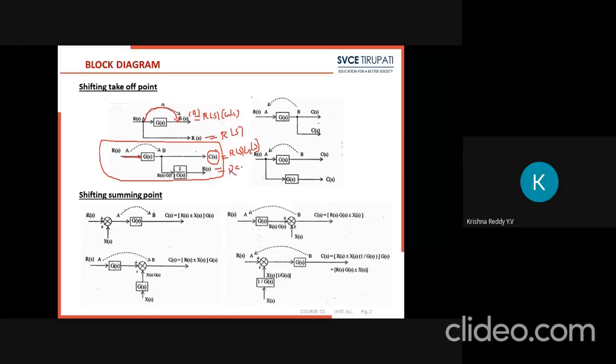We are getting R of s. When you are shifting the takeoff point from A to B, here we are adding one block with inverse gain 1 by G of s. Similarly, if you are shifting the takeoff point from B to A, here we need to add a gain block with G of s magnitude.